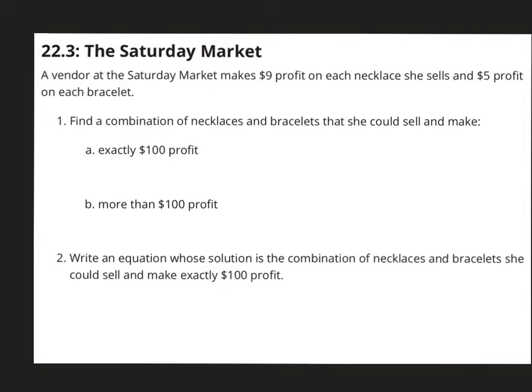Okay, so now we're at the Saturday market. We got a vendor that makes $9 profit on necklaces, and the vendor makes $5 profit on bracelets. So it says, find a combination of necklaces and bracelets that could sell and make exactly $100 of profit. So we want to make exactly $100. How about we'll make $90 in profit on necklaces?